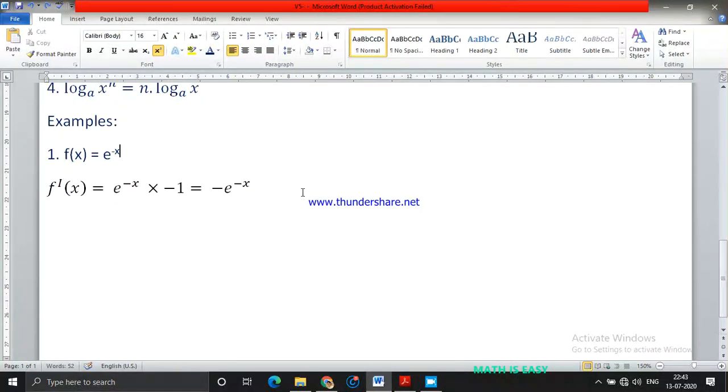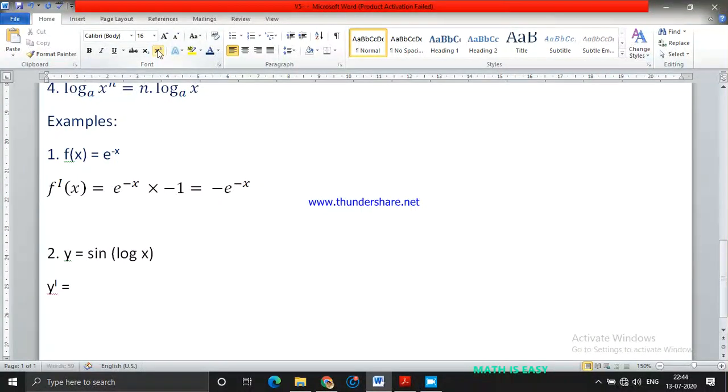Now if I take the second example, for example, sine of log x. If I say this is some y equals sine of log x, now I have to find y dash.